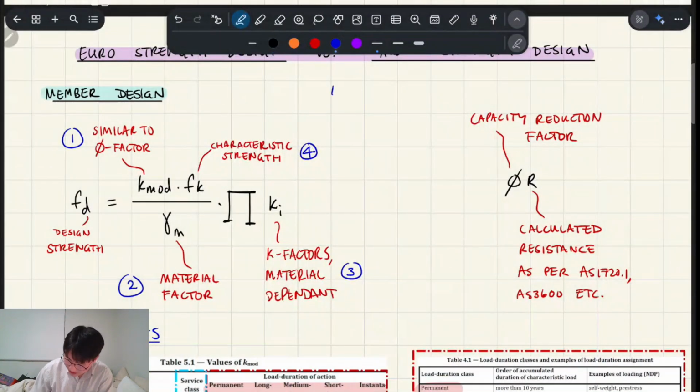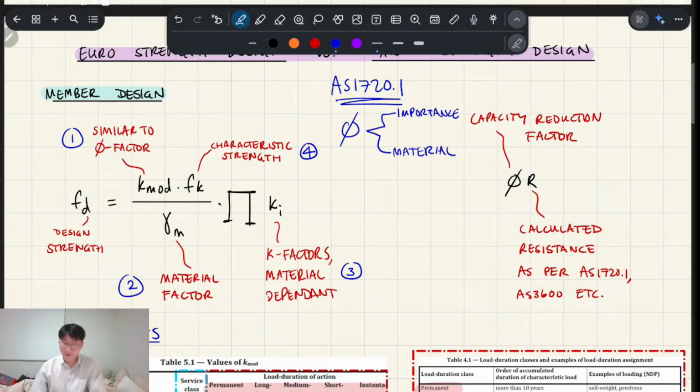So in our standard, AS 1720.1 for timber, phi is a function of two things. It's a function of importance level or something like that, and it's a function of material. If you recall that table, you've got type 1, type 2, type 3, but it's like severity levels.